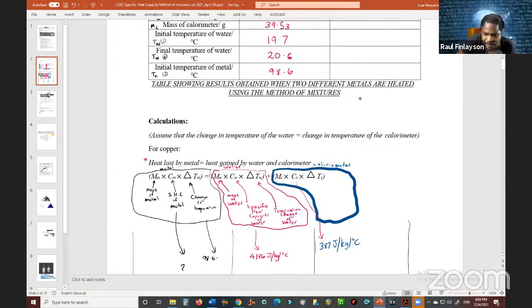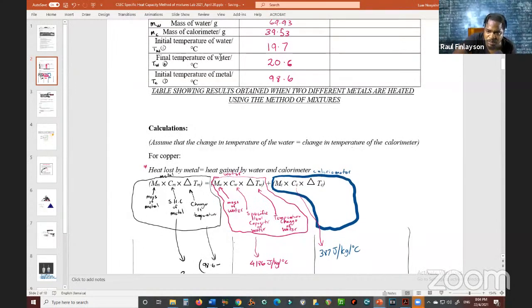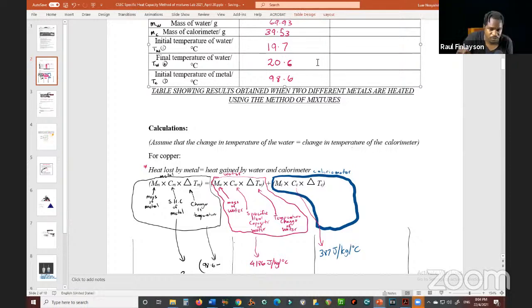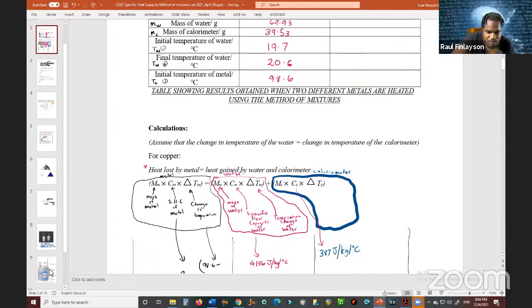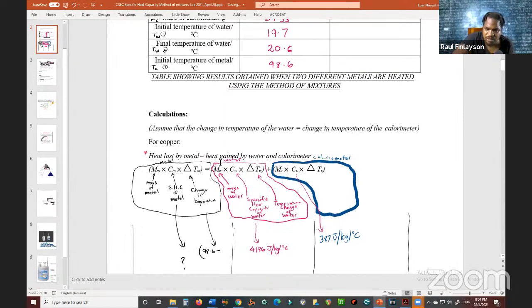But then the final temperature of the metal is the same as the final temperature of the water. Why? Because the metal goes into the water and it was covered, right? And the rule for heat transfer says that heat will transfer between two objects until they reach the same temperature. So that's the important thing.